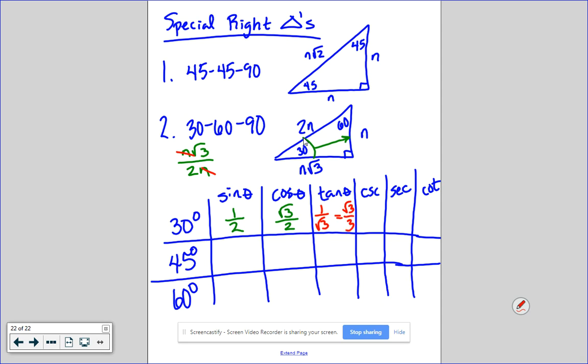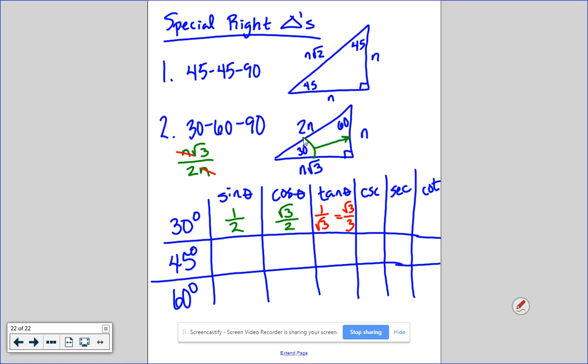Yep, perfect. You don't need the 1 out front. Okay? Well, when we get to talking about the unit circle a little bit later on, you just found that first quadrant point. The ratio at 30 is: sine is half, cosine is square root 3 over 2.